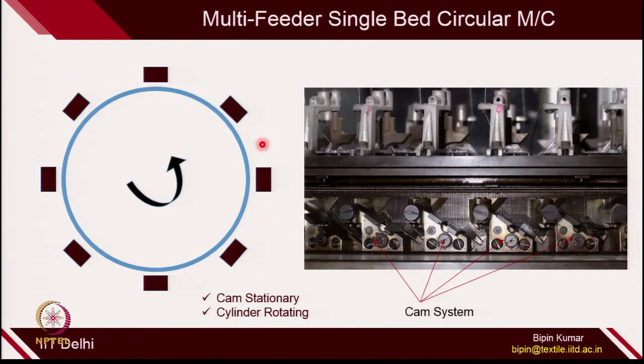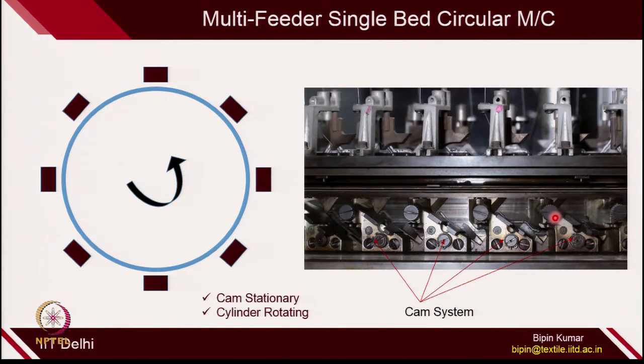You can see around the cylinder there are multiple feeder points, and this whole cylinder is rotating, and each of these is a feeder point. Right now you can see at least 6 feeder points, 1, 2, 3, 4, 5, 6, which are controlled by this cam jacket.